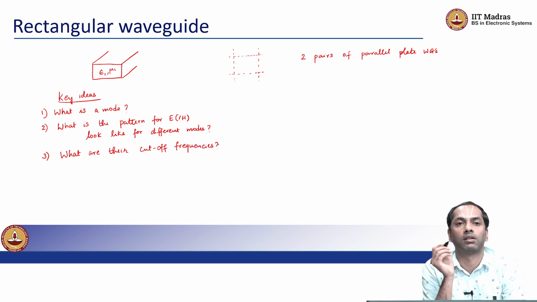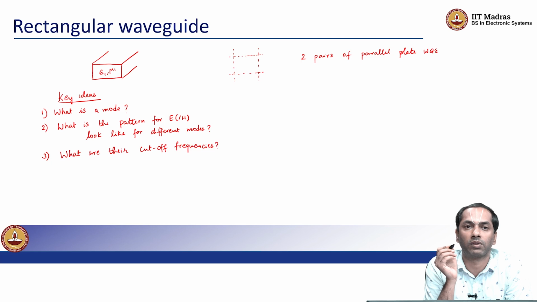Okay. So these are some of the questions that we'll try to answer, right, without laboring through a lot of the mathematics that goes behind it. I would like to keep it to only discussing these key ideas in this course, right.